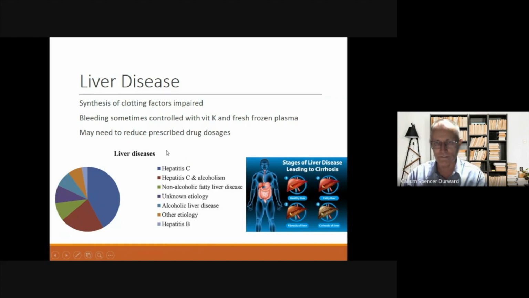Common causes of liver disease are hepatitis C, hepatitis B, and alcoholism. The liver goes through a number of stages, from being healthy to having fatty liver to fibrosis of the liver, and finally cirrhosis of the liver.